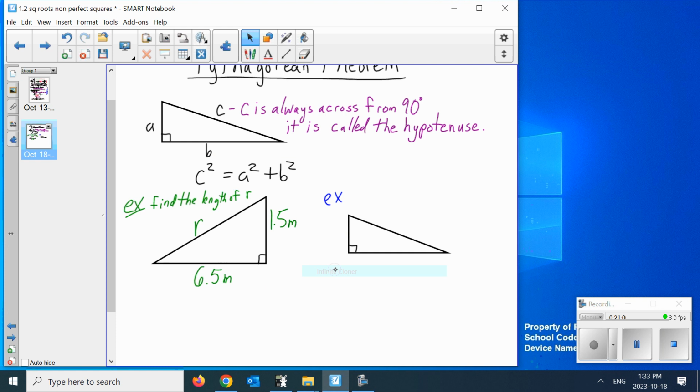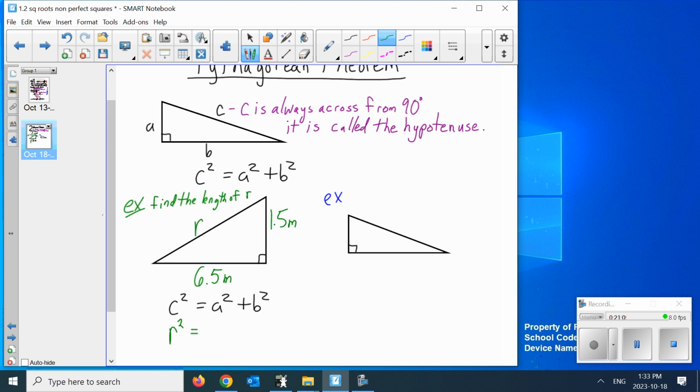So I'm using this formula, but I have different letters. So I'm going to put the letter R. Now my A squared and B squared, I'm thinking they're like the 1.5 and the 6.5. And I don't care if I put 6.5 first or 1.5. I'm going to leave the meters out until the end.